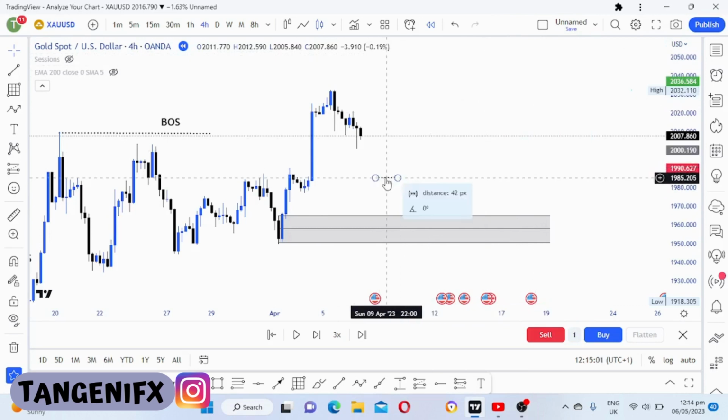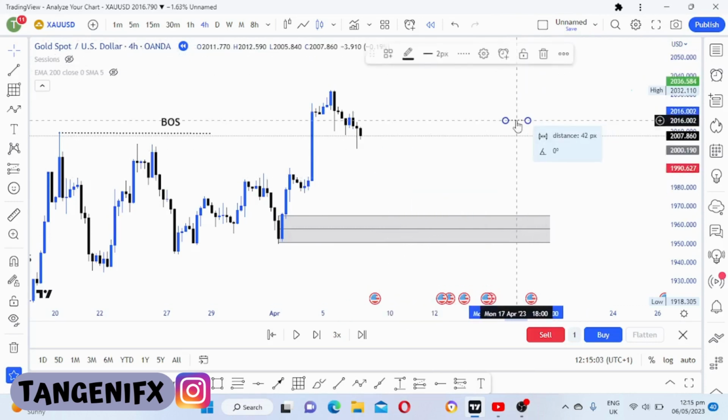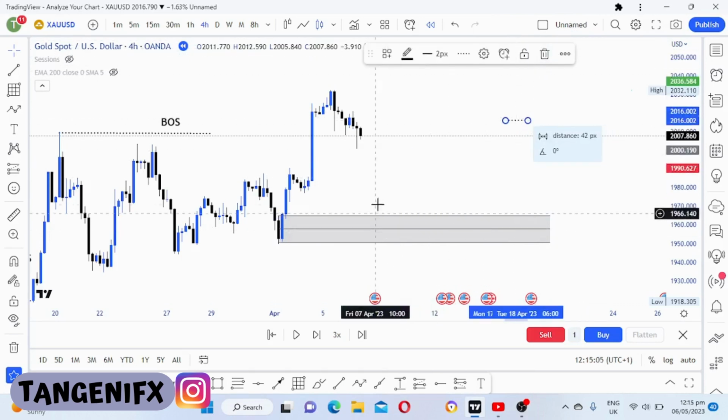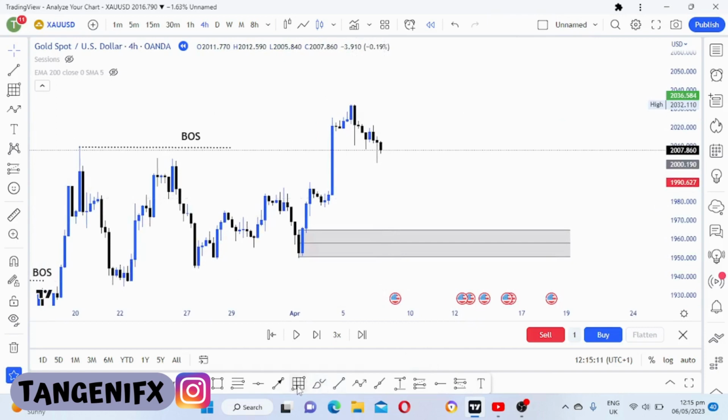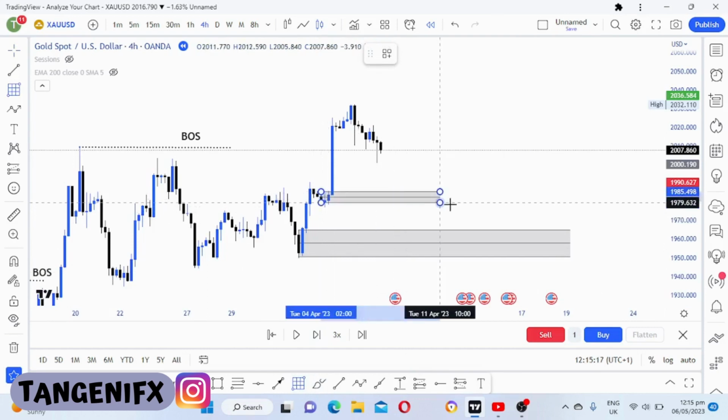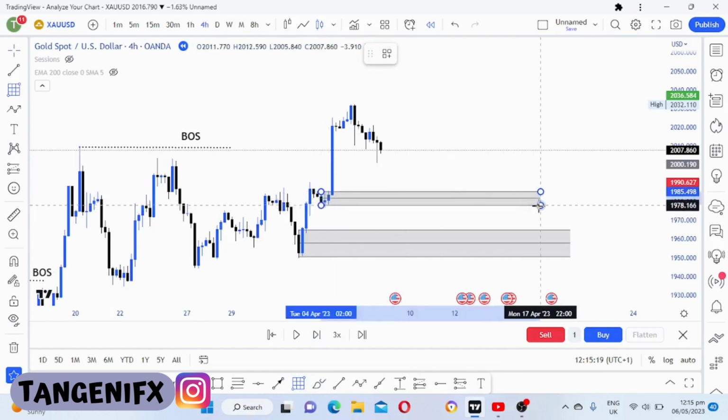Now we have to look at the price itself. So okay, now the first thing is draw your zones, those stronger zones that you know price will reverse from. So I have two. Here are my two zones.